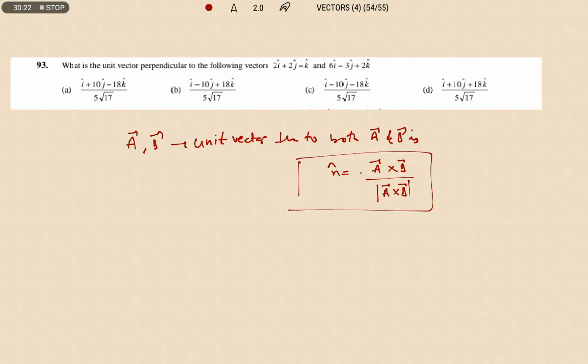So first find a bar cross b bar. So i, j, k; 2, 2, minus 1; 6, minus 3, 2.